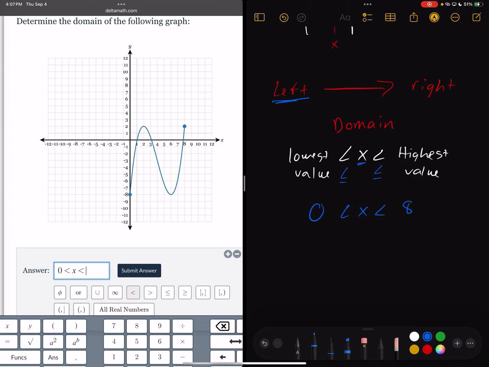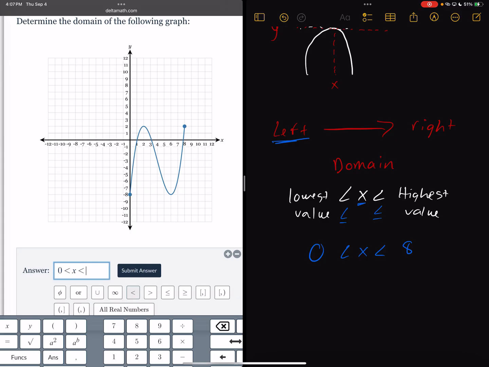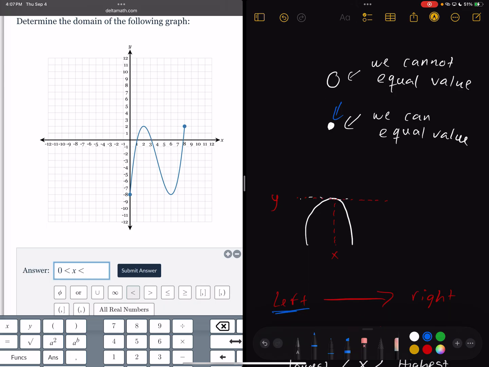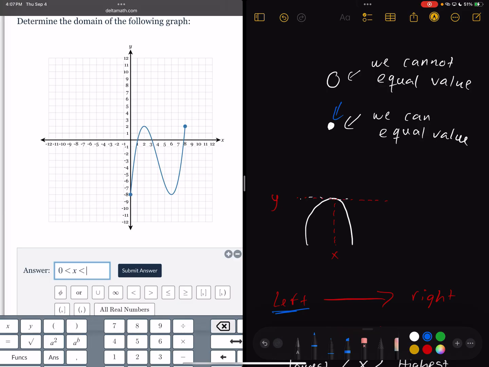Now, do we approach these values? Absolutely we do, because of the closed circle right here. So we're going to change these inequalities. Instead of just less than, we're going to put less than or equal to, because we do equal these values. They are part of our solution.